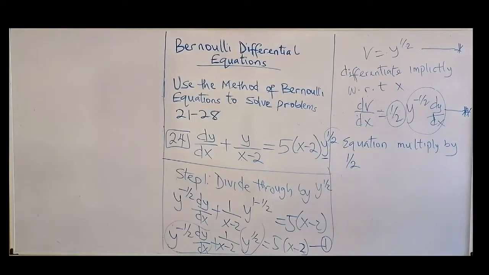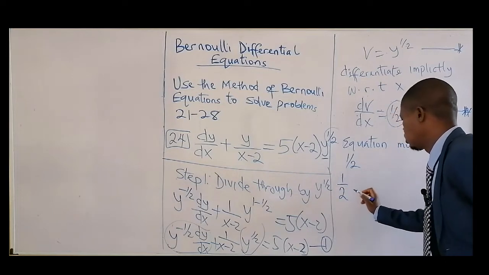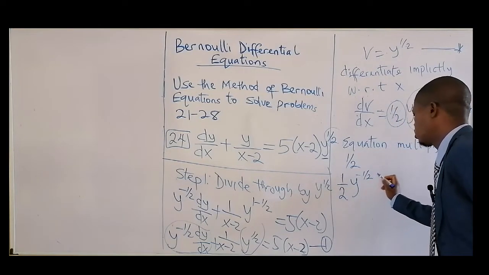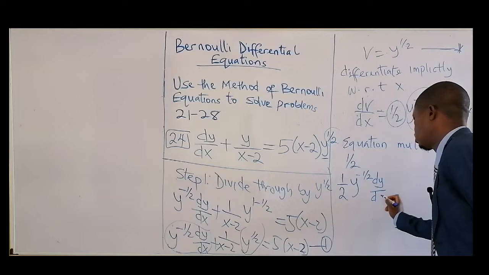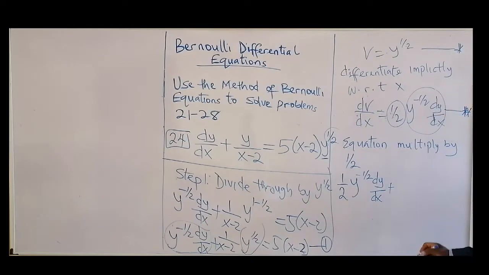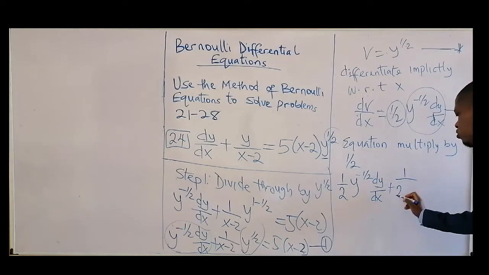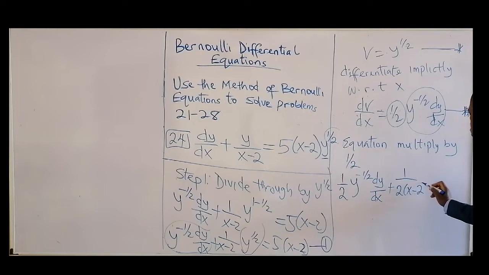Equation 1 multiplied by 1 over 2 gives this, then plus 1 over 2 into bracket x minus 2, y to the half, equal to 5 over 2 into bracket x minus 2. We can call this equation 2 now.